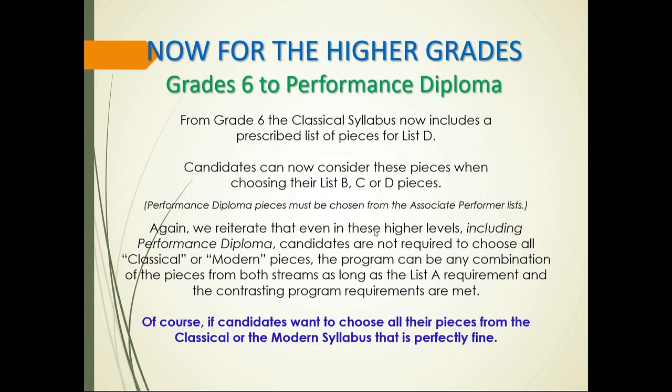Now there's a slight difference in the higher grades, so grade 6 to performance diploma. From grade 6, the classical syllabus introduces a prescribed list of works for the list D. Candidates can now consider these pieces when they're choosing their list B, C, or D pieces for the performance program. Performance diploma pieces must be chosen from the associate performer lists, so that's a different thing there.